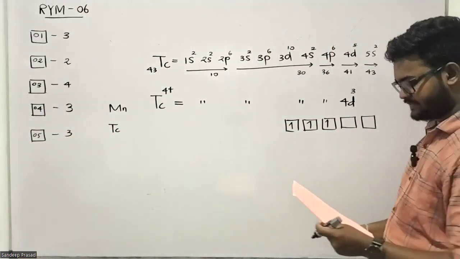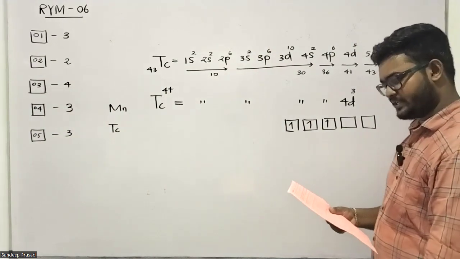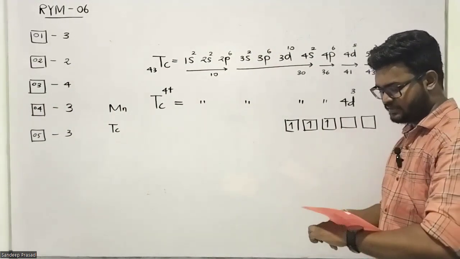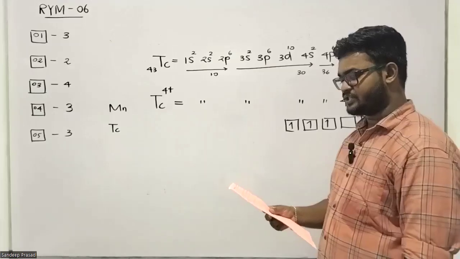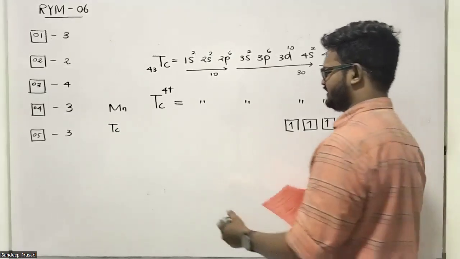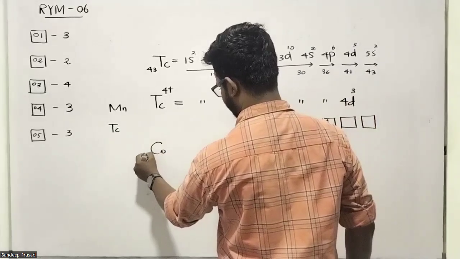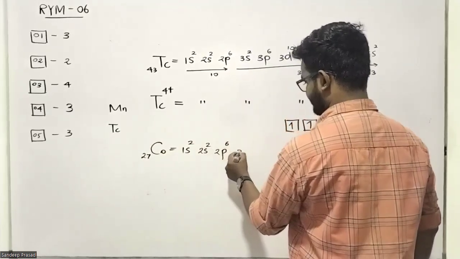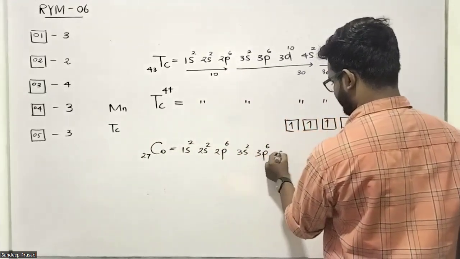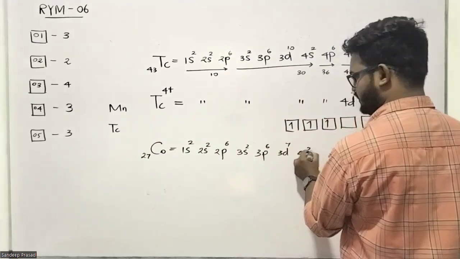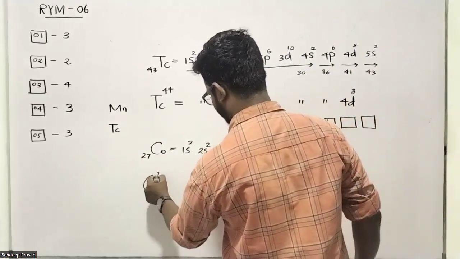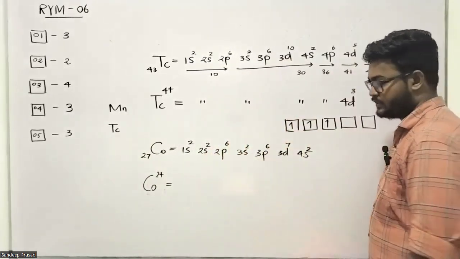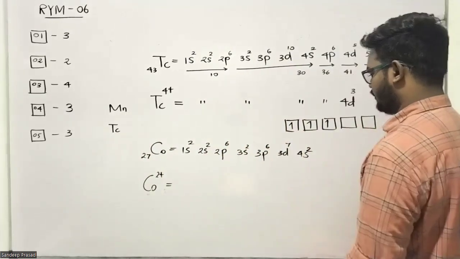Let's move to question number 6. The electron configuration of cobalt is given: 1s2, 2s2, 2p6, 3s2, 3p6, 4s2, 3d7. What is the valence shell electron configuration of cobalt 2 plus? Very easy. Cobalt is 27. They have given the configuration 1s2, 2s2, 2p6, 3s2, 3p6, 3d7, 4s2. So it is forming the cobalt 2 plus cation. We have learned how to write down the electron configuration of cations also. The name of this cation is cobaltous.